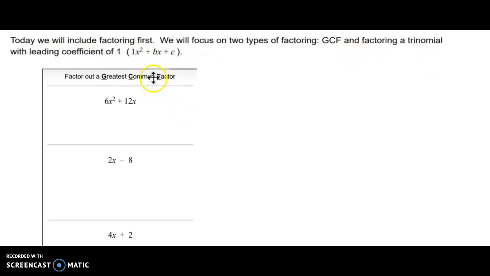I know on your note sheet you have like a T table here, but I'm going to go through the greatest common factor first, okay? And when we go through the greatest common factor, we're looking at between the terms, what factors do they have most in common, right? And so here, I'm going to take it step by step, just looking at 6 and 12, what number divides into 6 and 12?